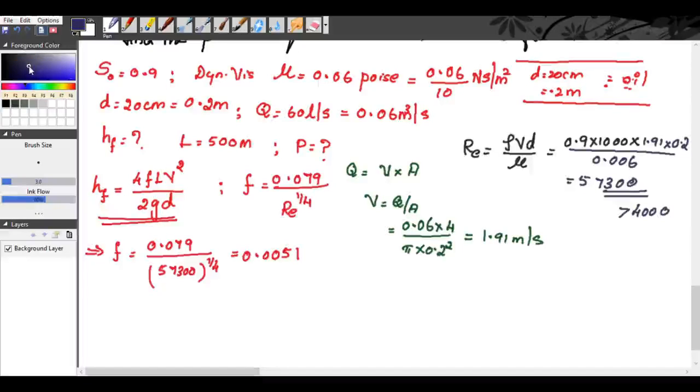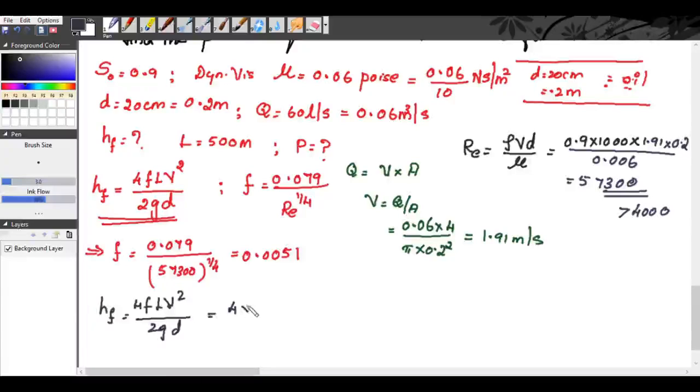So, our formula is HF is equal to 4FLV square by 2GD. See, what I have found is the coefficient of friction and the velocity. You write the formula, check what are the unknowns, find the unknowns, substitute in the formula.